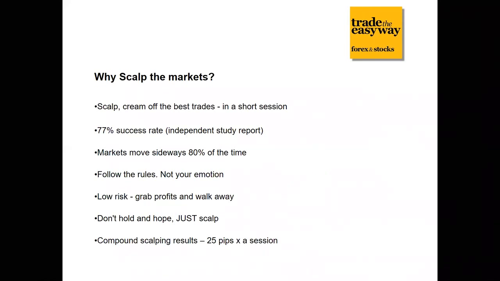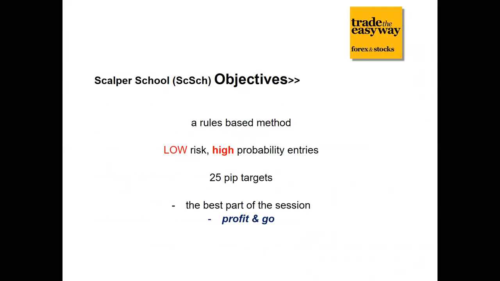So a few more slides, and then we'll talk about some more. But I just want to emphasize that it's rules based. So we just stick to the rules. We've got a set way of setting up our charts. We've got a very specific criteria for entry. We have what we call anchor charts, which are looking at the core support and resistance and the core levels in the market.